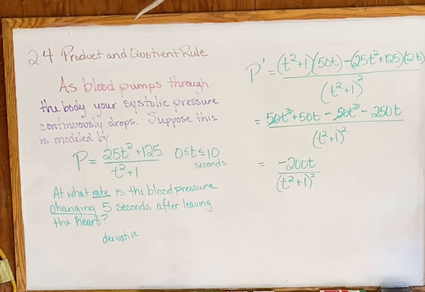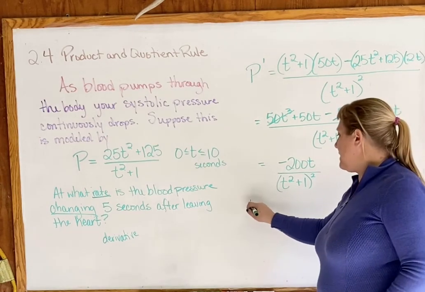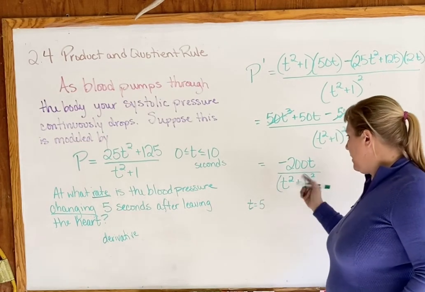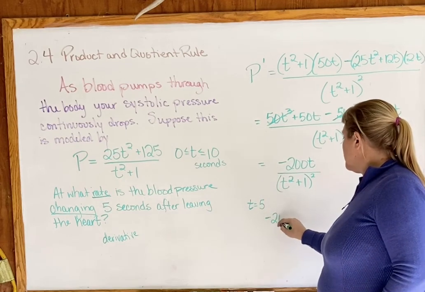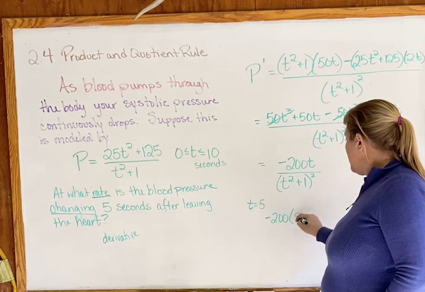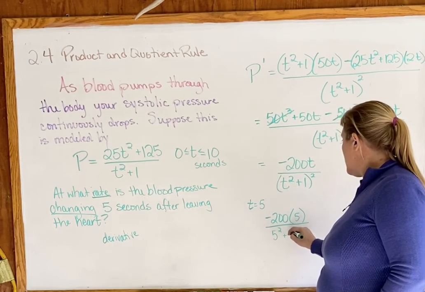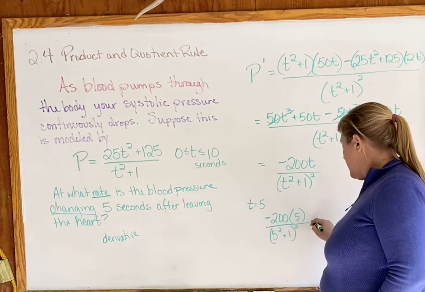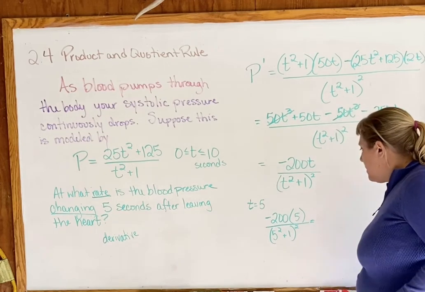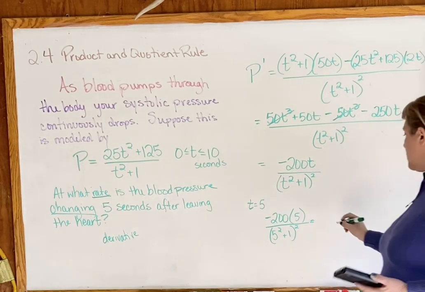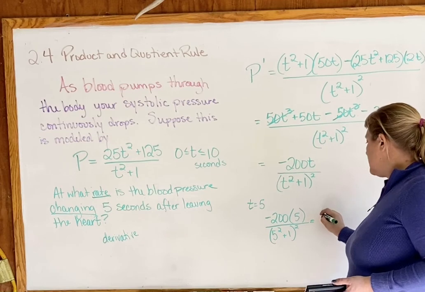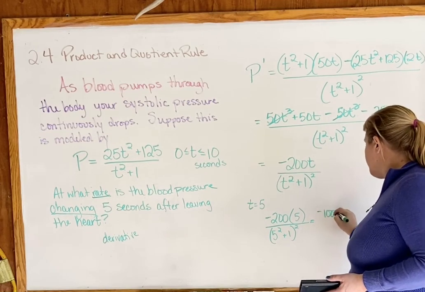Now we want to know what that derivative is, or the rate of change, 5 seconds after leaving the heart. So we want t to equal 5. Well, we can plug in 5 here: plug in 5 all over 5 squared plus 1 squared. Up top that gives us negative 1,000.